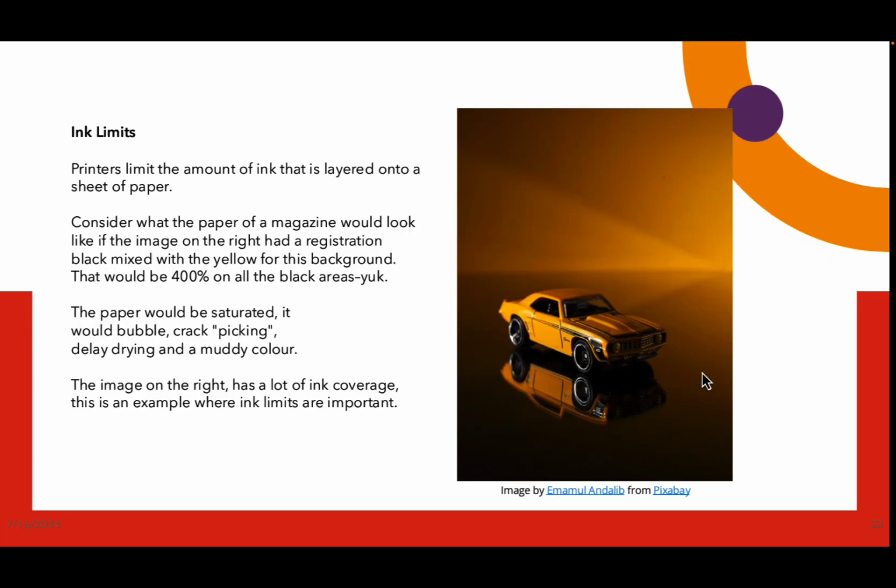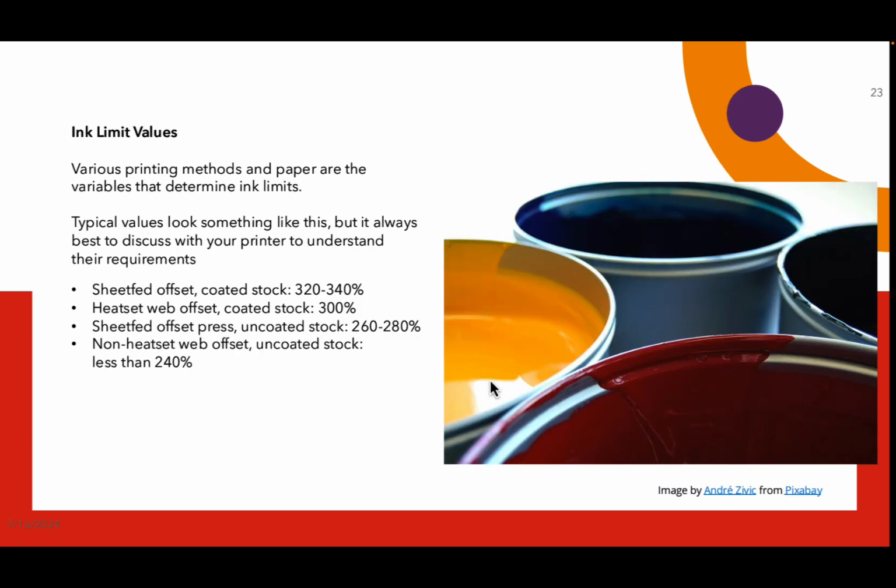Now, talking to that 400%, well, ink limits are a thing. You want to make sure that it's not going to compromise your paper. So printers will tell you what their ink limit is. So the values you want to make sure that they set, and this is a base setting, for sheet-fed offset on a coated stock or a coated paper, is 320 to 340.